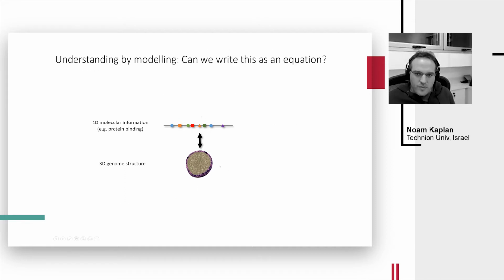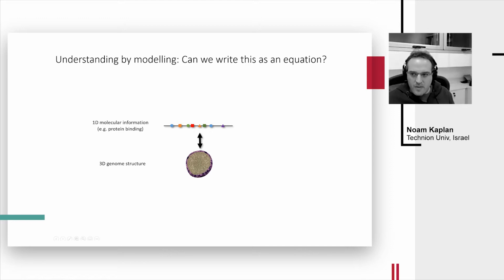Today, I want to focus on only the following part of this flowchart: how 1D molecular information can specify 3D genome structure, trying to understand this by modeling.